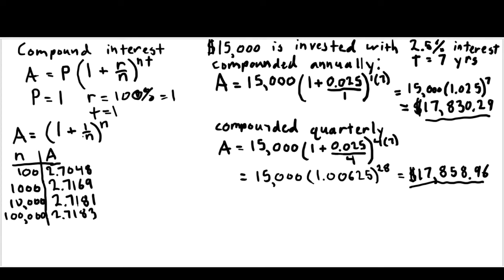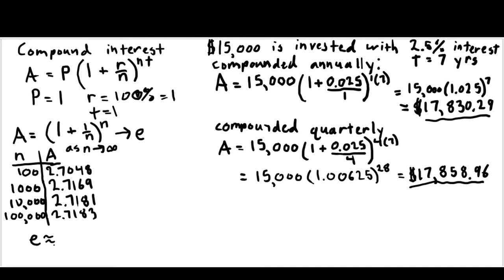If we let n go to infinity, as n gets bigger and bigger, this approaches a very specific number, which is a very important number in mathematics, and it's referred to as the number e.